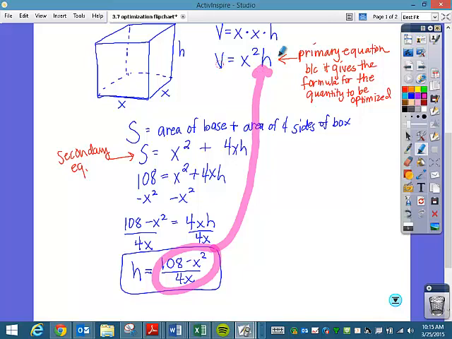So when I do that, everything will be in terms of x's. So now I'm going to have volume is going to be x squared, and then in place of h, I'm going to put 108 minus x squared over 4x.